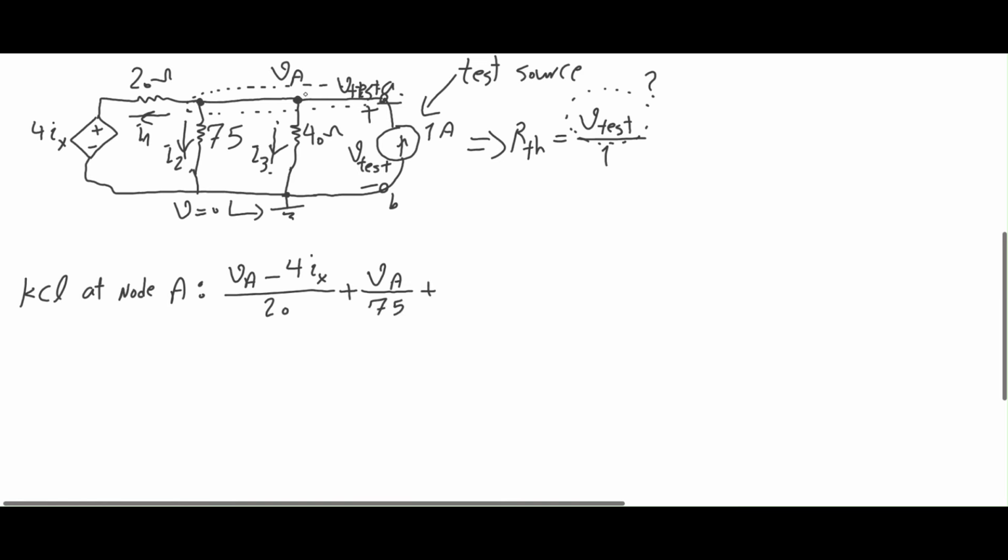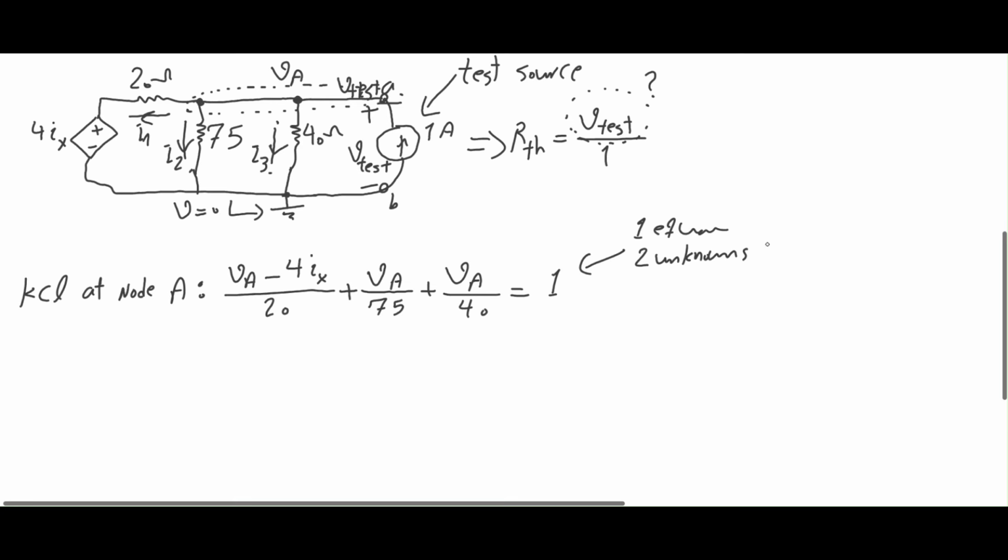Yeah, we have this branch here, which is VA minus 0 divided by 40 equals 1. So I have Ix and VA. So this is one equation and two unknowns.